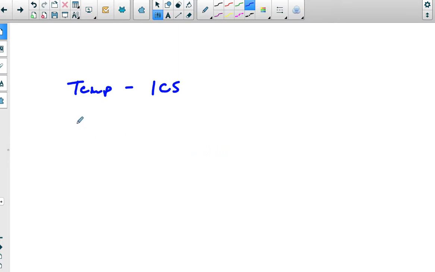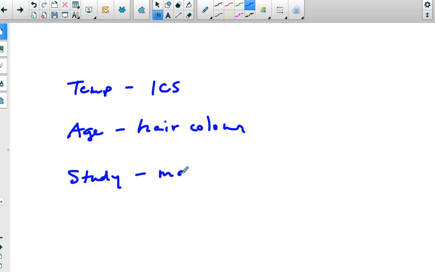Is there a relationship between your age and your hair color? Is there a relationship between how much time you spend studying and your math marks?